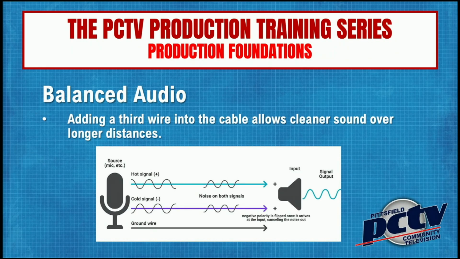So how that works is a hot signal will just be the regular audio signal, that electrical impulse that carries the sound. A cold signal is the same thing, but backwards. The reason that is done is because the audio signals, when they're brought into whatever the recording device is, get brought back together and compared.